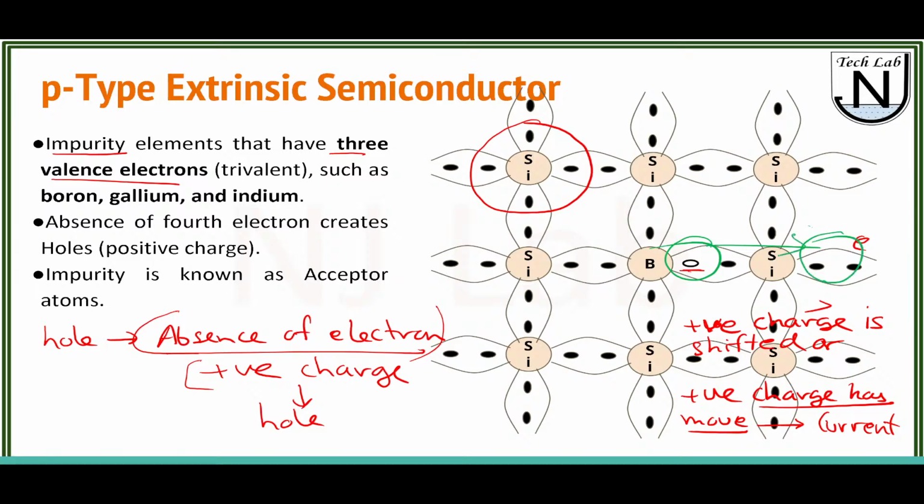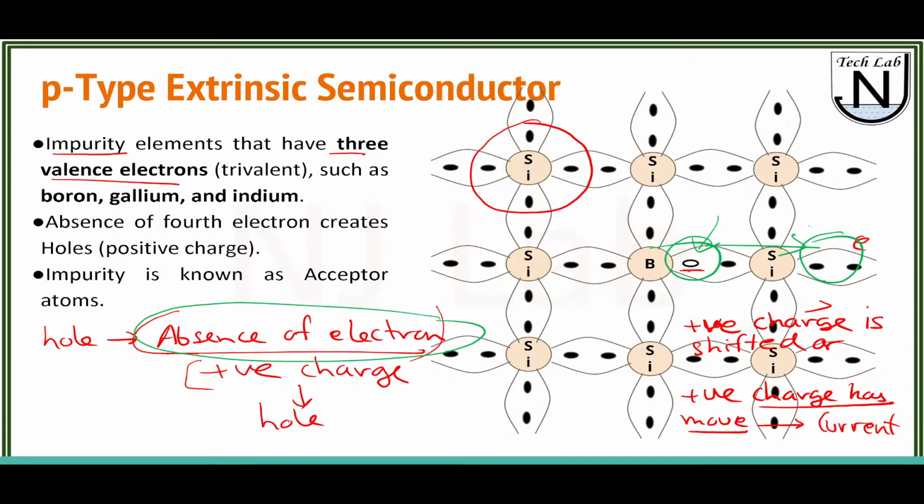So positive charge is moving. Just by creating one absence of electron, we are able to make electrons flow. So this absence also helps in moving the electrons from one covalent bond to another. And if electrons are moving, it means current is there.